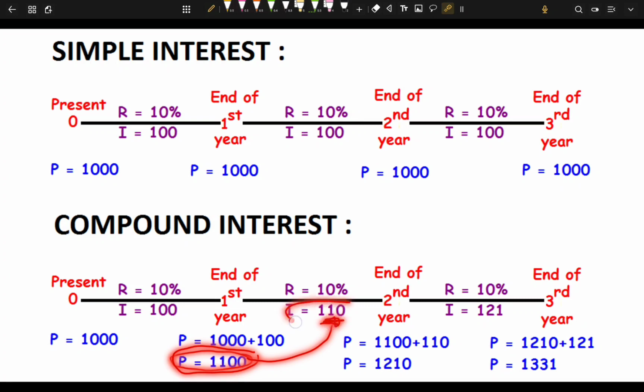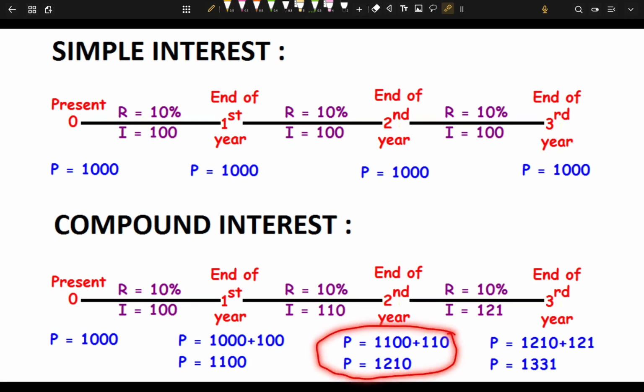So, that is 110 pesos. So, yung 1,100 plus 110, so that will be 1,210. And ito namang 1,210, kukunin yung 10%, that is 121. Then, this 121 will be added to 1,210. So, makakuha tayo ng 1,331. So, ganun po kapag compounded interest.